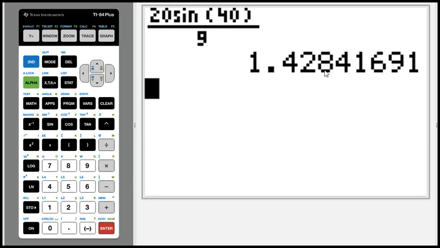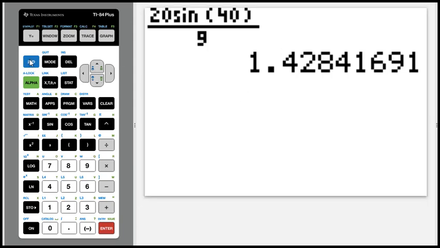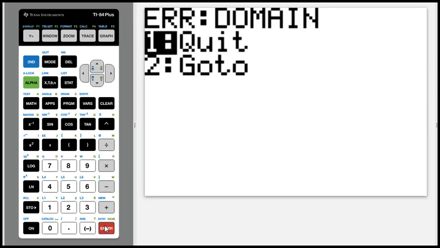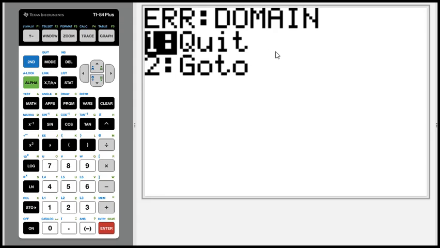This number is greater than 1. It's not in the range of sine. In other words, this R has no solution. We can try using this graphing calculator, second sine, then bring this down. You see, you got an error, which means angle R doesn't exist.